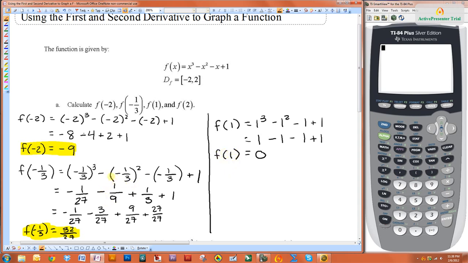Okay. And the very last one is f of 2: 2 cubed, 2 squared, minus 2 plus 1. So it's 8 minus 4 minus 2 plus 1, which is equal to 3.